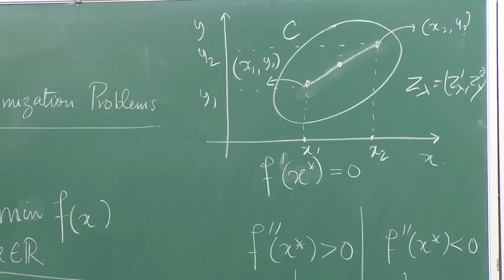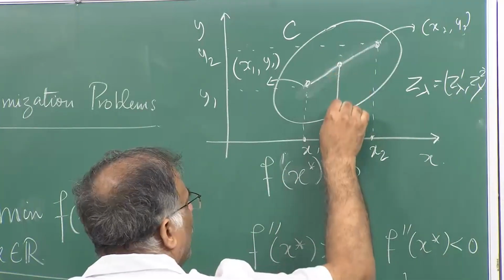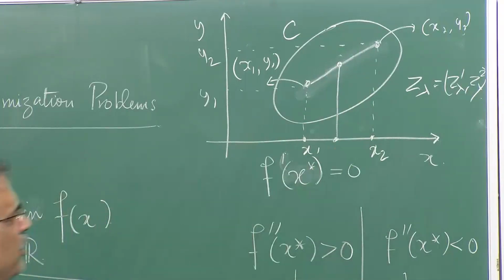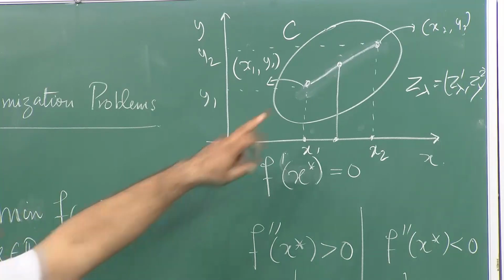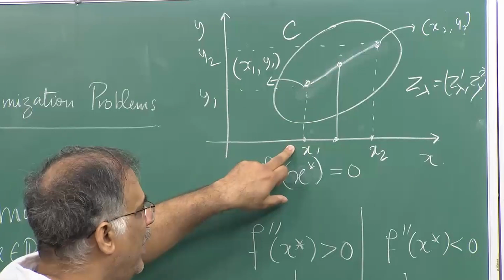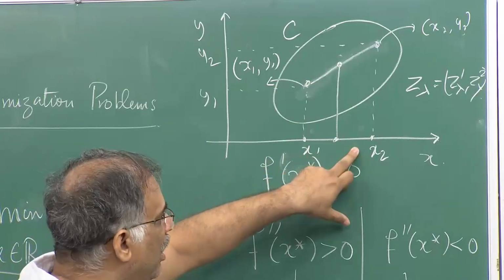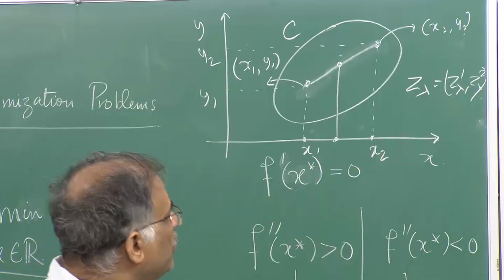Now you just drop a perpendicular here. This divides the line into two ratios, m by n, and then you know how to find the coordinate of this point. It is m of x1 plus n of x2.